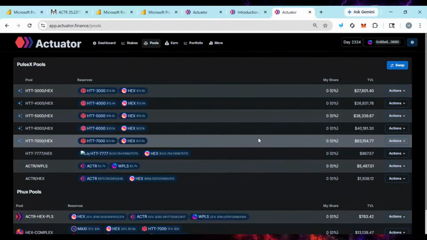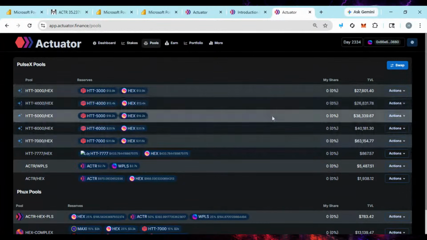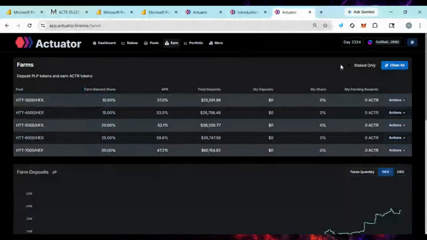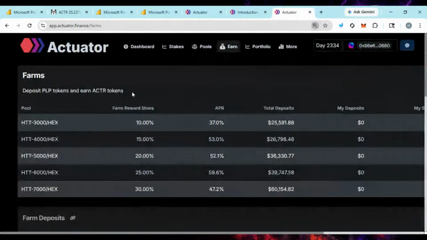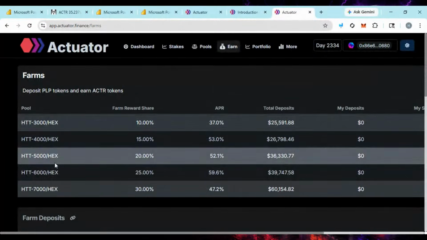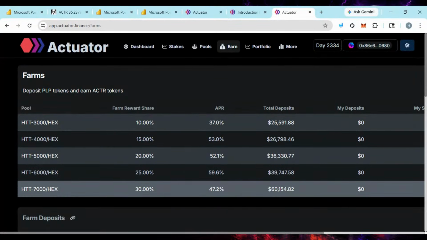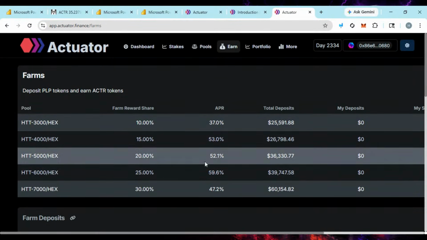So basically they're setting up an LP position, and then what they're doing is they're going over to the farms, right? The actuator farms. And in the actuator farms, you can deposit those LP tokens, specific LP tokens, 3,000, 4,000, 5,000, 6,000, 7,000. So HTTs to HEX, they'll deposit here. And currently the APR has been running pretty good on this.